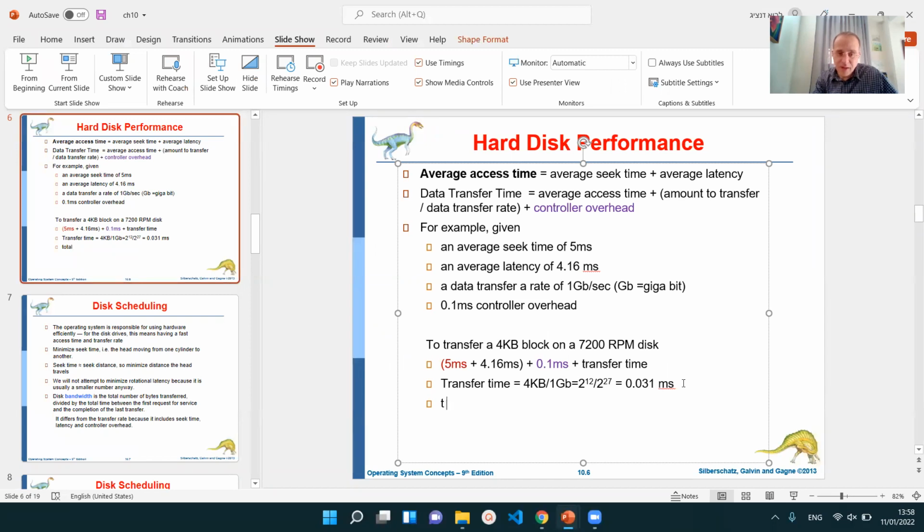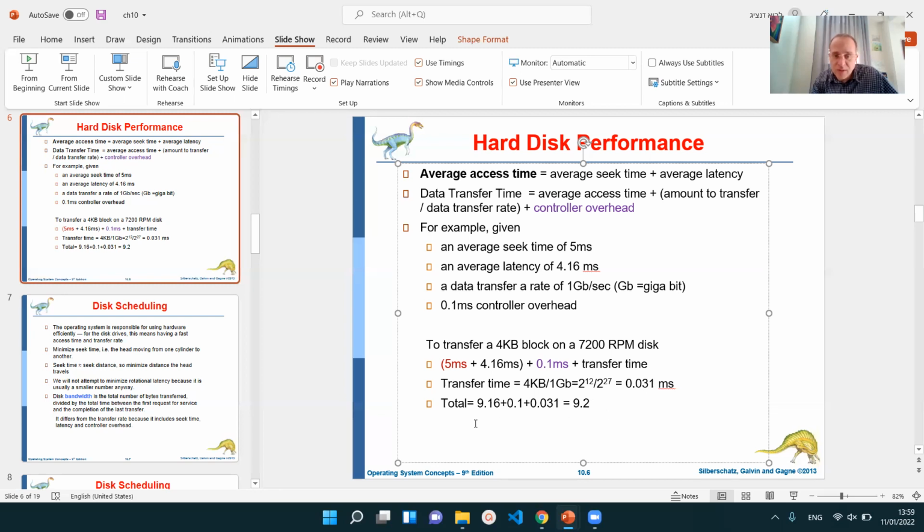Total equals 9.16 plus 0.1 plus 0.031 equals 9.2, right?